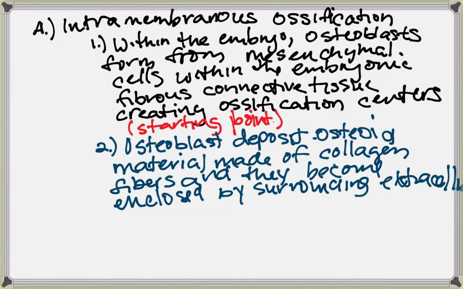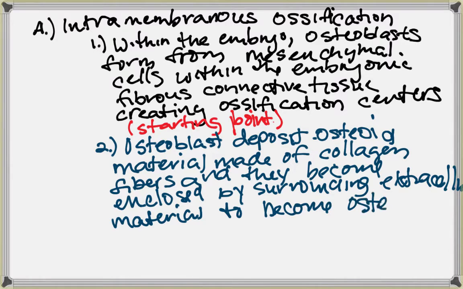They're going to end up becoming osteocytes later once we make bone. And so this osteoid material is going to start becoming calcified in the next step due to these osteoblasts.